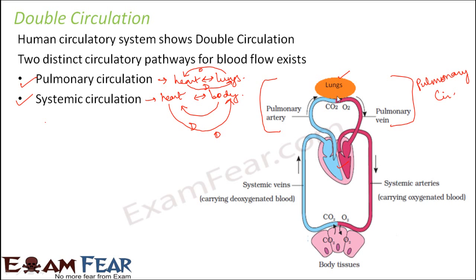So this circular pathway is the pulmonary circulation, whereas the other circulatory pathway is the systemic circulation, where the oxygenated blood flows from the heart to the different parts of the body, and the deoxygenated blood flows from different parts of the body to the heart. So this portion is the systemic circulation. Due to the presence of these two distinct circulatory pathways, the human circulatory system is said to have double circulation.